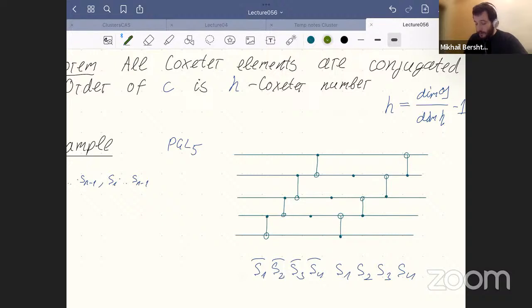And how will the graph then look? Around the black vertices we go clockwise. So we have edges here, and here we have some sort of half edges.